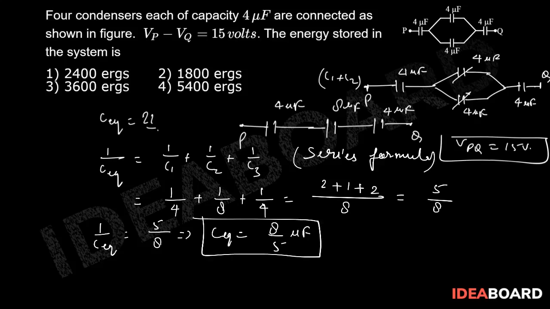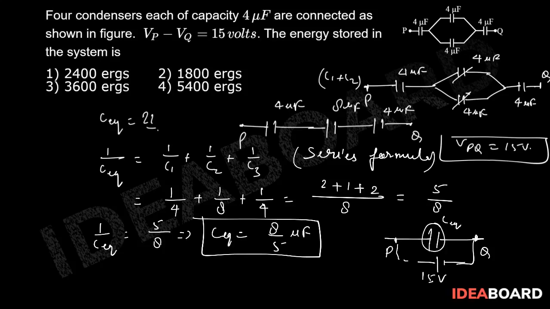Now you got this C equivalent. Now we know the formula for energy, right? So before energy, we can say that we have a capacitor like this, which has the equivalent capacitance C equivalent between points P and Q, and they have provided the potential drop. That means we can assume we have kept a battery of 15 volts, by which energy is getting stored in this condenser.